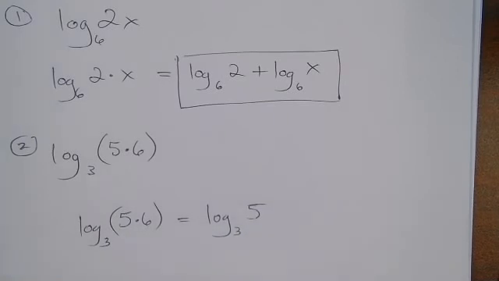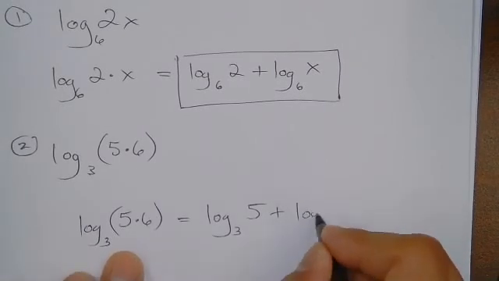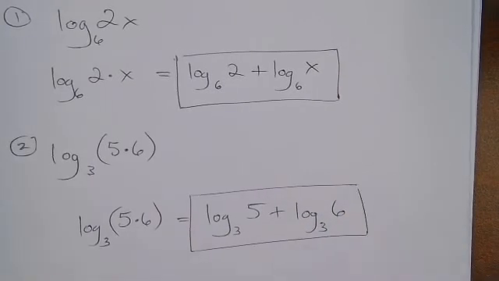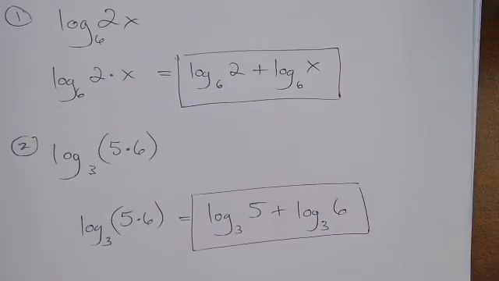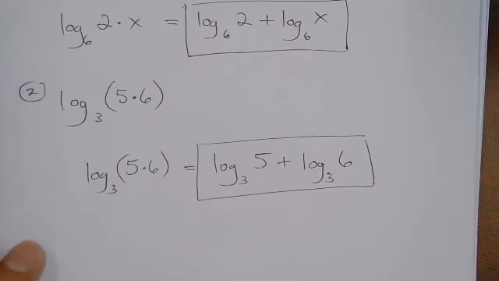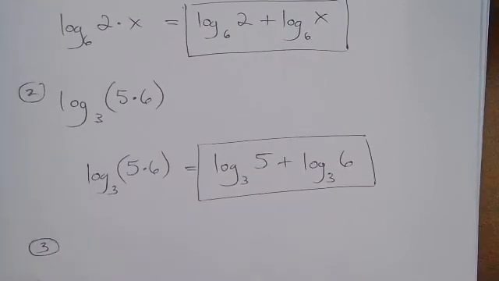It means to separate this and expand this, and it's going to mean what? Log base 3 of the first one, plus, right? It's an addition. Plus what? The next one? Yeah. That's all you're doing. You're just interpreting. You just have to understand these laws and what they mean in the world of logarithms.